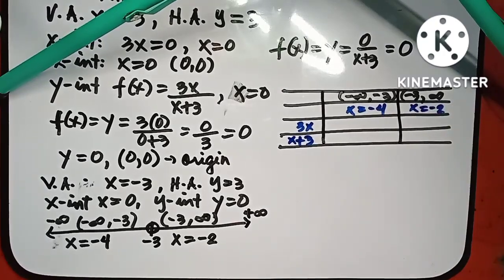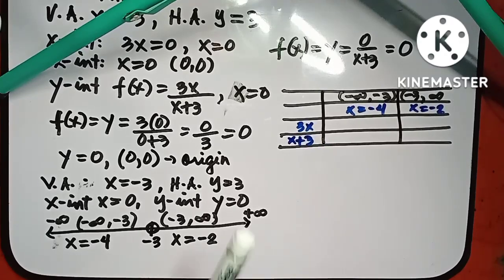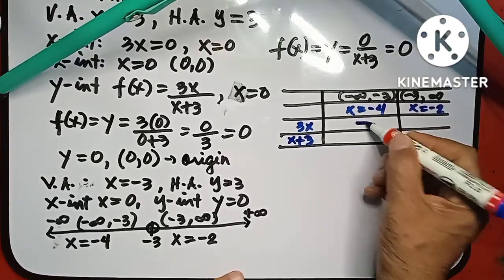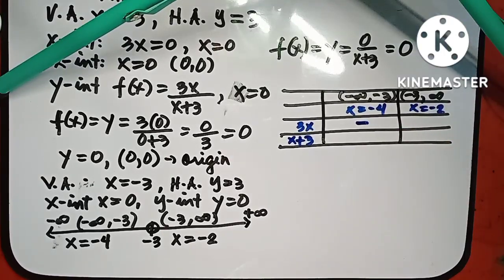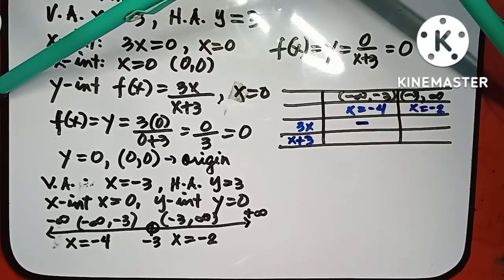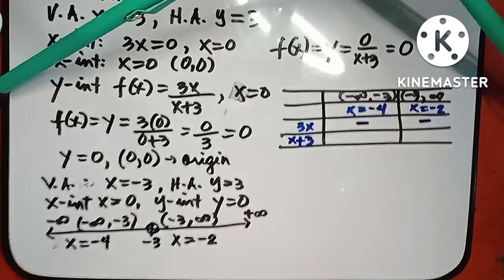If x is negative 4, 3 times negative 4 is negative 12, and so the sign is negative. And if x is negative 2, 3 times negative 2 is negative 6, so the sign is negative still.